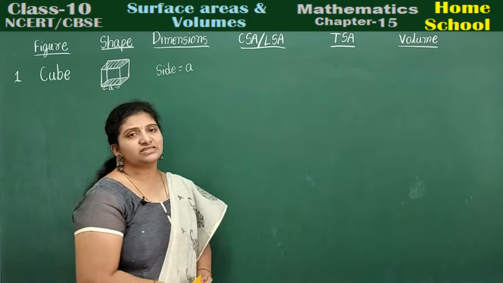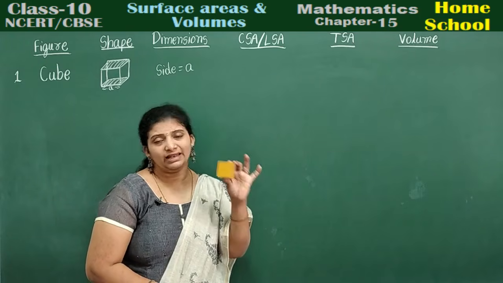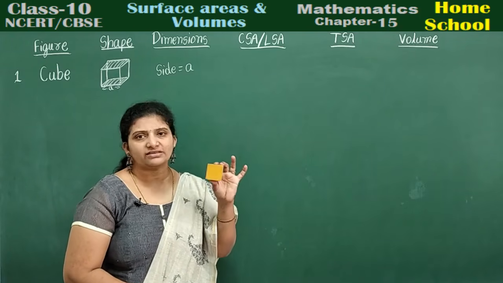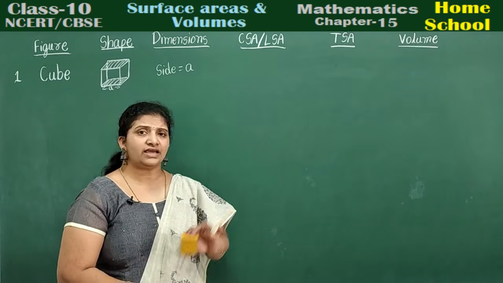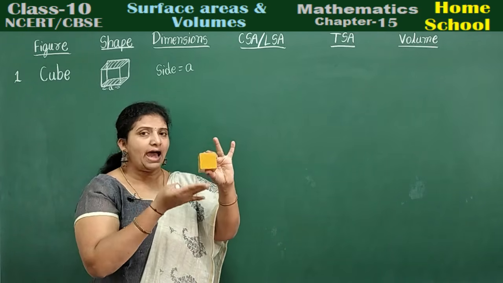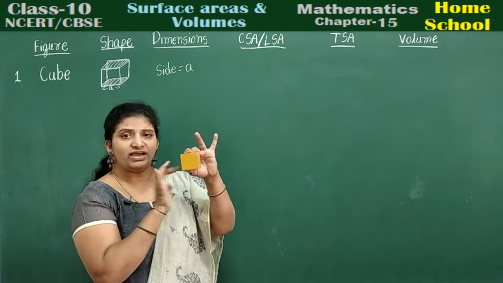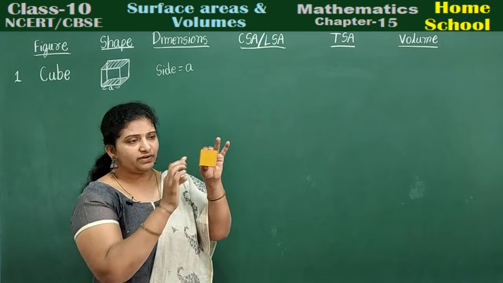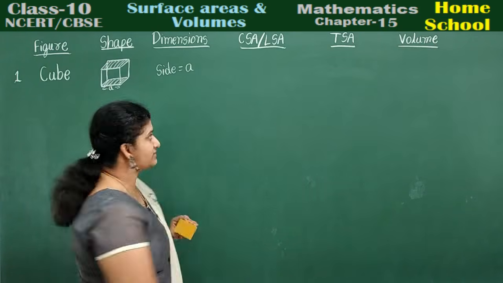Next one, CSA or LSA. For a cube, the faces are lateral, so we call it lateral surface area. How do we get lateral surface area? Other than top and bottom, how many faces does it have? 4 faces. Let me cut the cube here and open the box like this.